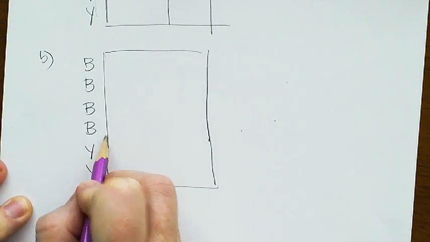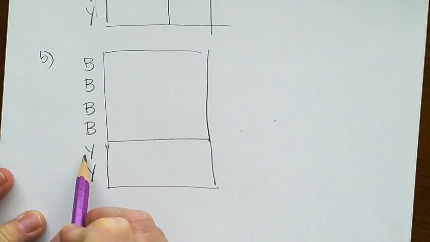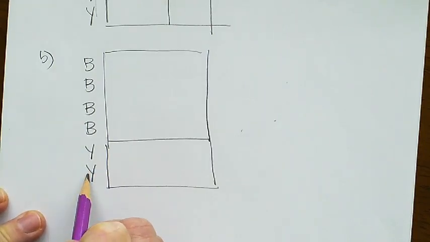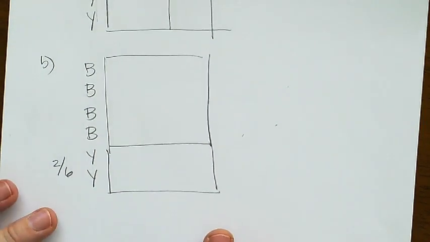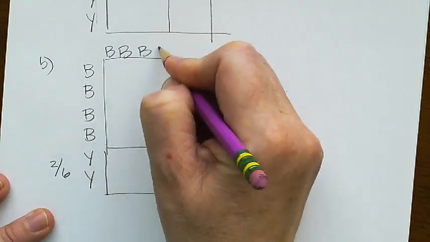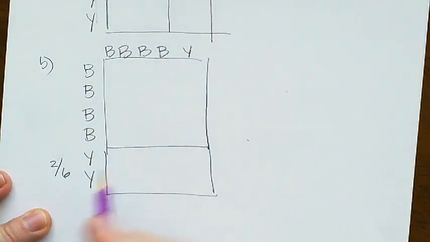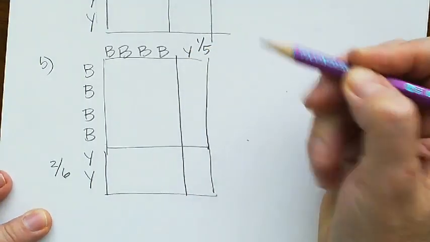I do need to draw a new picture. Probability of drawing the first one yellow would be 2 out of 6. And then that yellow is gone, so now I'm down to 4 blue and 1 yellow. And the probability of choosing a yellow there would be 1 out of 5.